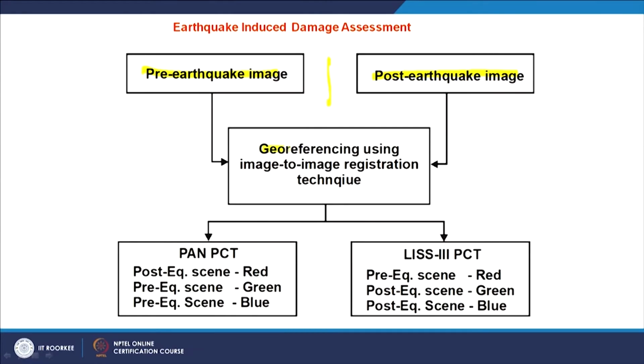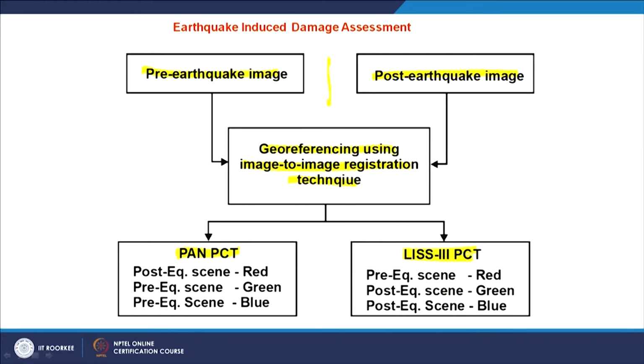Now of course georeferencing has to be done, or image to image registration has to be done, so that both stack together very nicely. Then I can do this technique on PAN images, and I can also do this technique on LISS 3 images to detect changes induced by an earthquake.